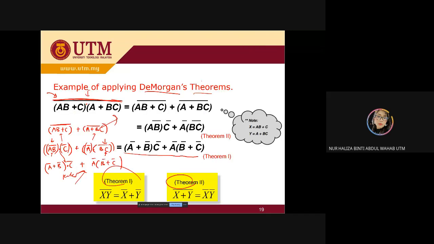So you can see that one is proving by using the theorem. Similar to last time, you have theorem, you have rules, you have laws, and another one using the truth table. Now you can see, prove whether A B bar is equal or not equal to A bar B bar.